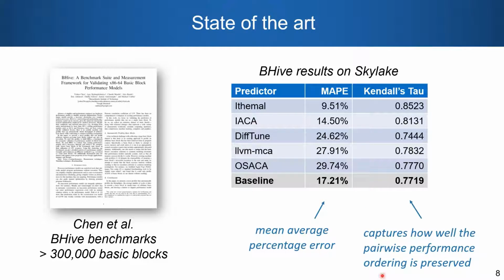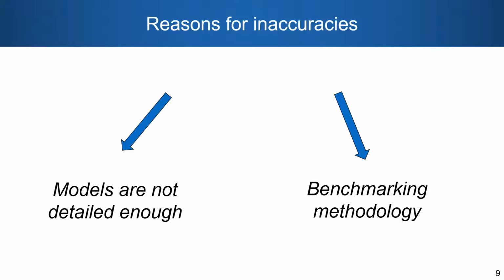And so this brings us to the question that we want to answer in the main part of this talk, which is what are the sources for these inaccuracies in previous tools, and how can we improve upon them. We found that there are 2 main reasons for these inaccuracies. One reason is that the models that these previous tools use are not detailed enough.